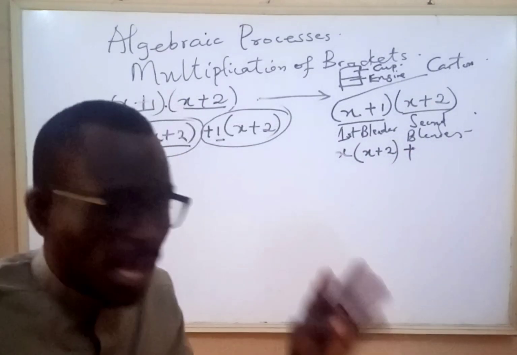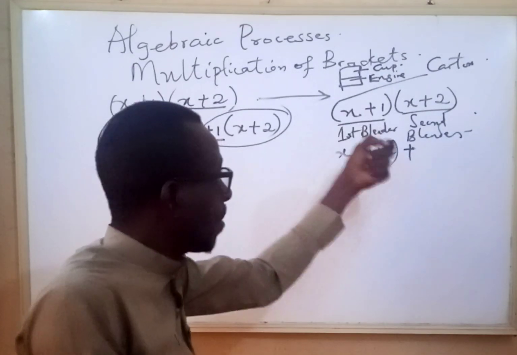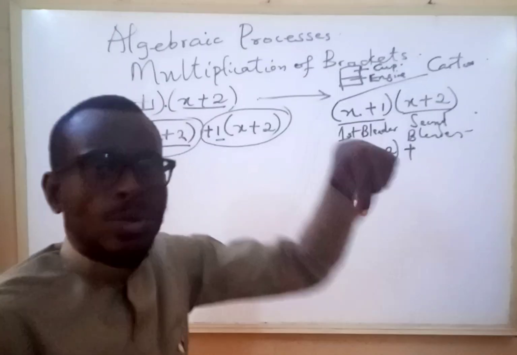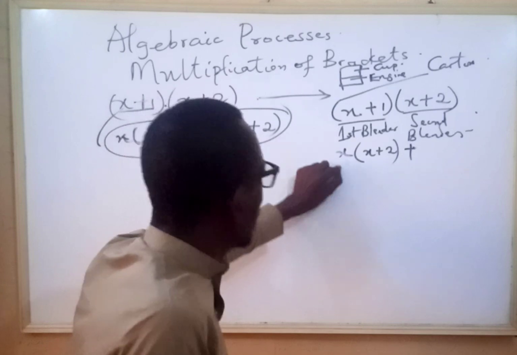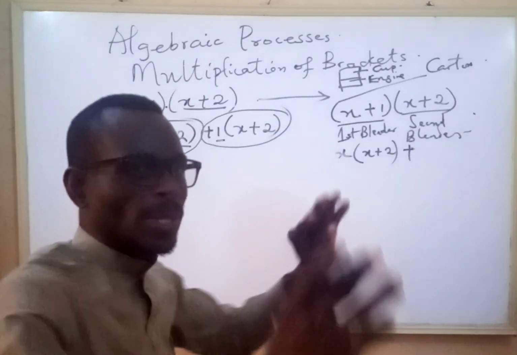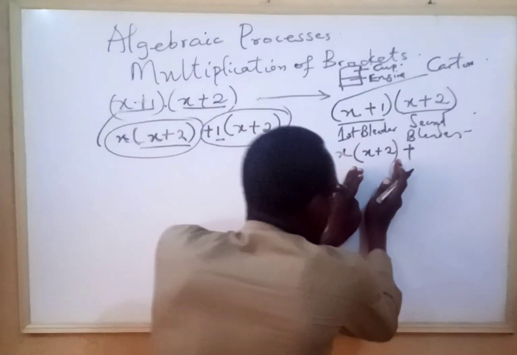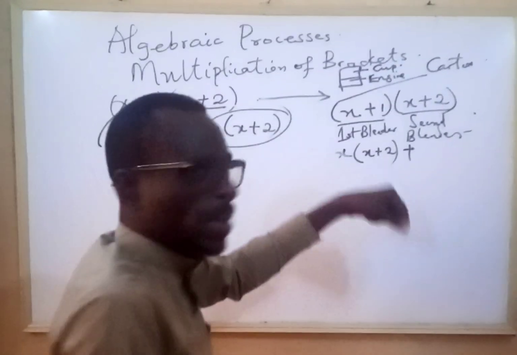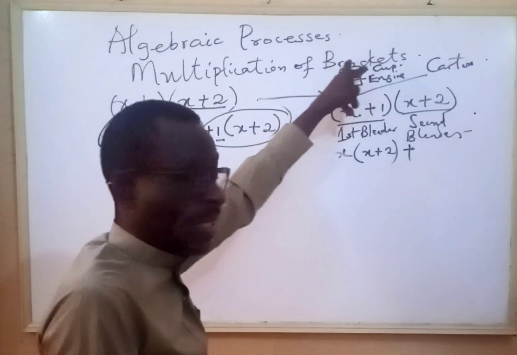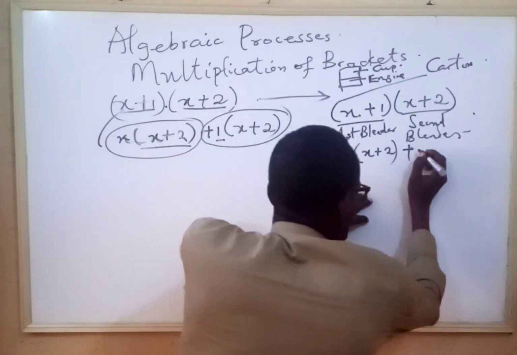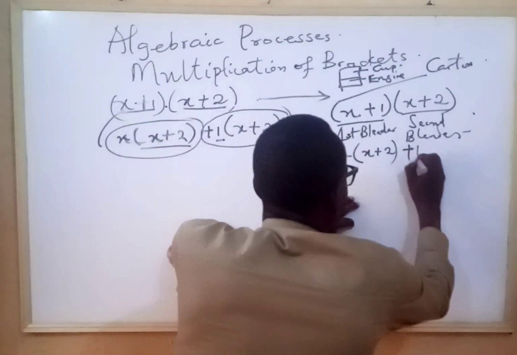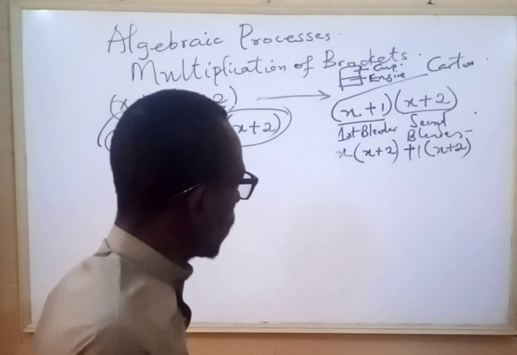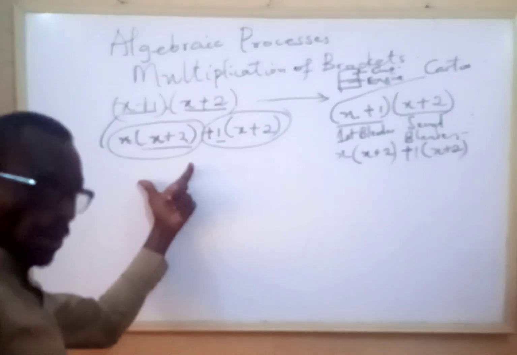In the first silver crest, we have the engine and also a cup. So we are taking out the engine and putting it beside the whole second blender in the carton, plus the one, which simply means the cup in that first silver crest, beside the second blender.